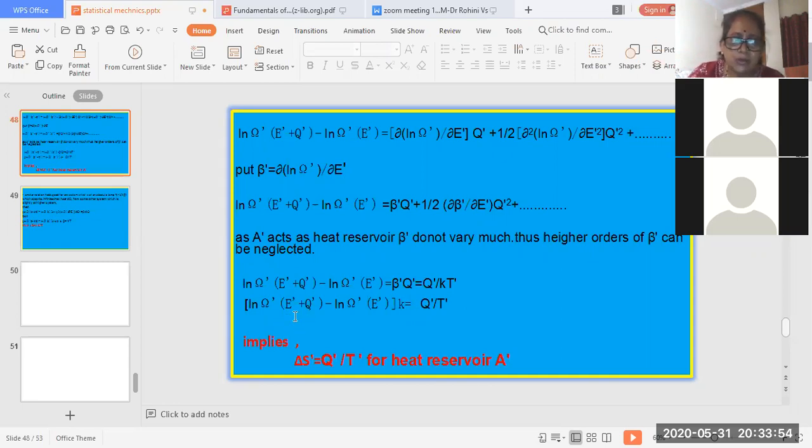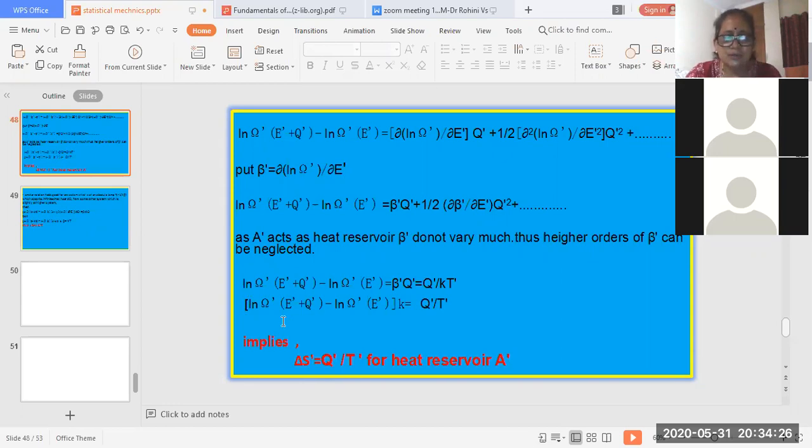Okay, so now you see here, this is k times this first factor. Of course, it is A dash, system A dash in an excited state, E dash plus Q dash. This is the ground state. Okay, so I am taking the difference of the ground state entropy with respect to excited state entropy. As a result, this will give you the change in entropy of the system when it absorbs Q dash amount of heat. So of which system?